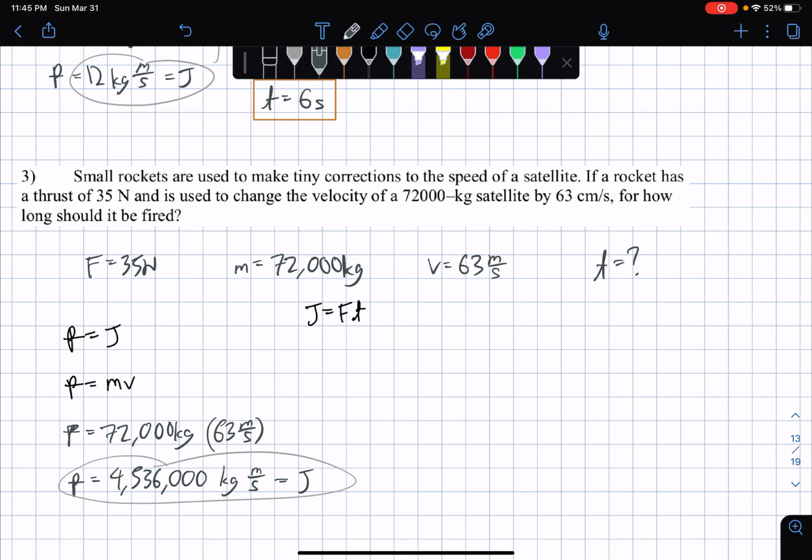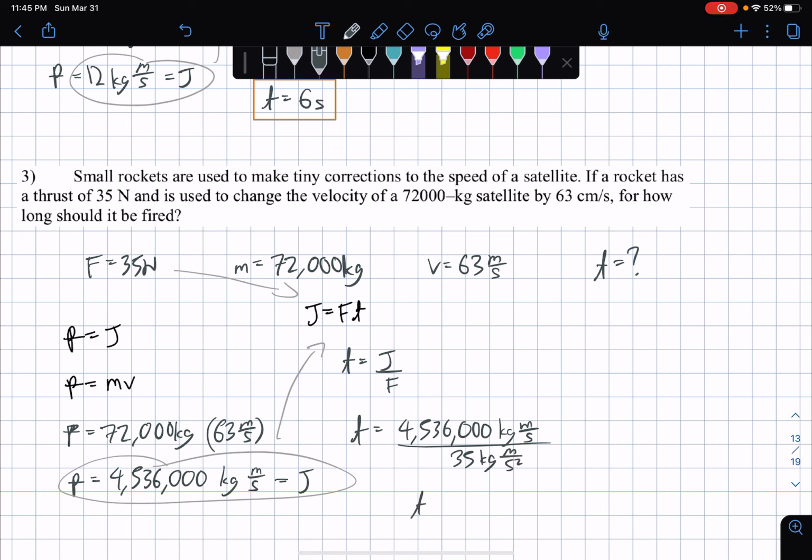Again, we have the force and we have the impulse value. T is equal to J over F. T is equal to 4,536,000 over 35 kilograms times meters per second squared. Time is equal to what? 129,600 seconds. Is it?